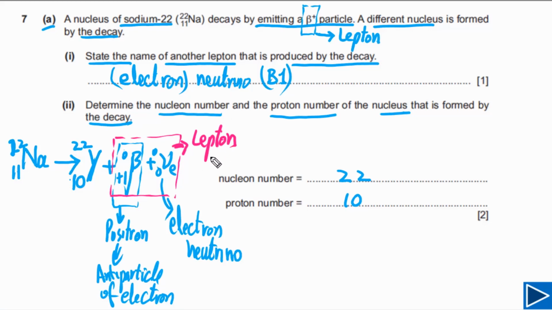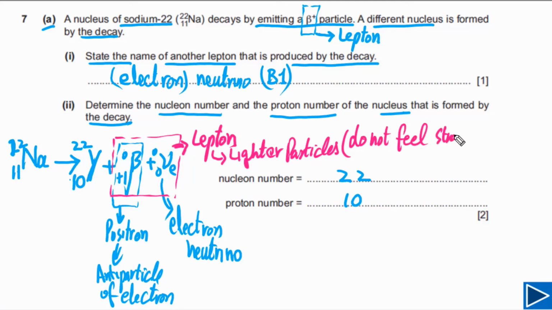When we talk about leptons, we are talking about lighter particles, and they do not interact with the strong nuclear force, or simply we can say they do not feel the strong nuclear force, because leptons are not present in the nucleus. This question has 2 marks. If you have written 22, you will get 1 mark, and you will get the second mark if you have written 10, meaning the proton number.